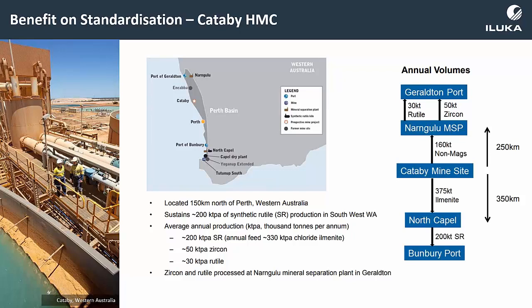The magnetic fraction of that, which is primarily ilmenite, heads down south for processing at North Capel before being put through the kiln. And the non-magnetics, which is a combination of rutile and zircon, heads to Narngulu for processing, where we produce our zircon and rutile final products.